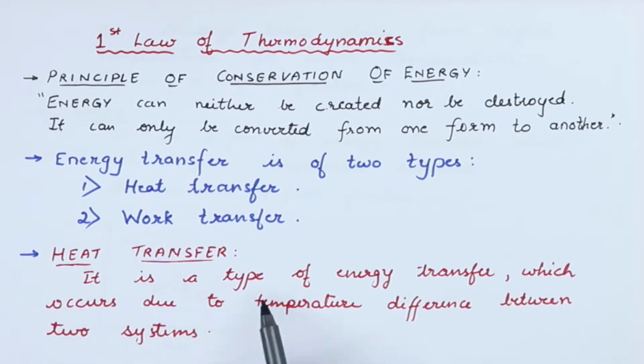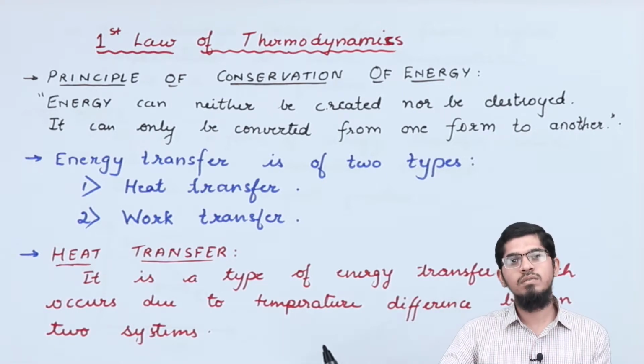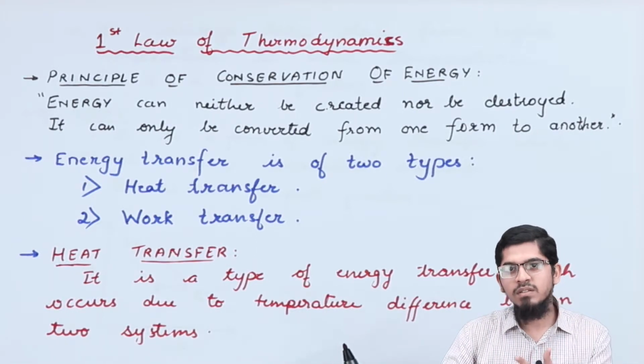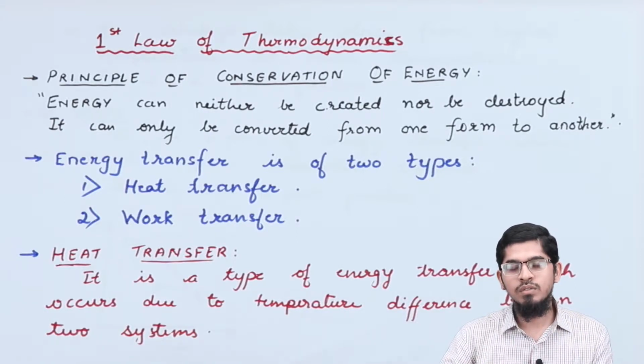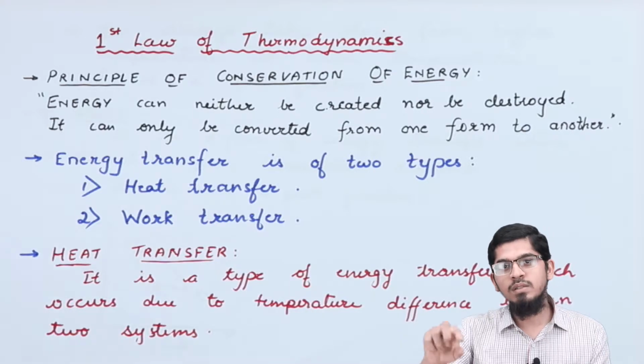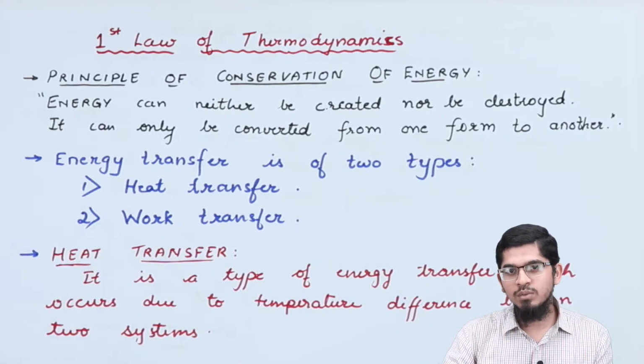Heat transfer is a type of energy transfer which occurs due to temperature difference between the two systems. I hope you all remember, you must have studied in your schools that heat always flows from higher temperature to lower temperature.